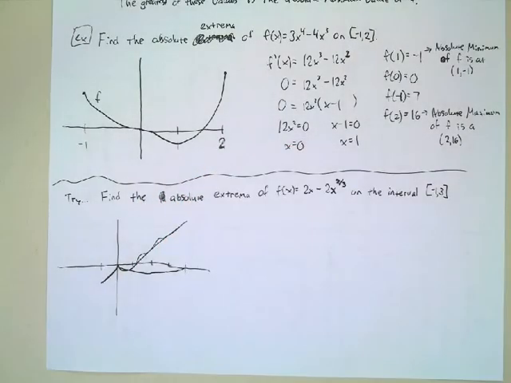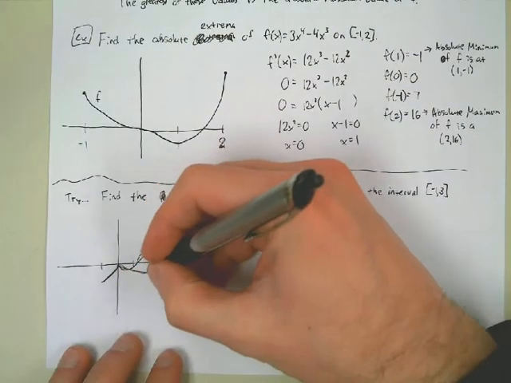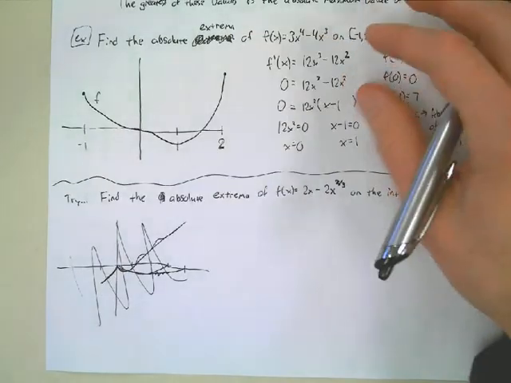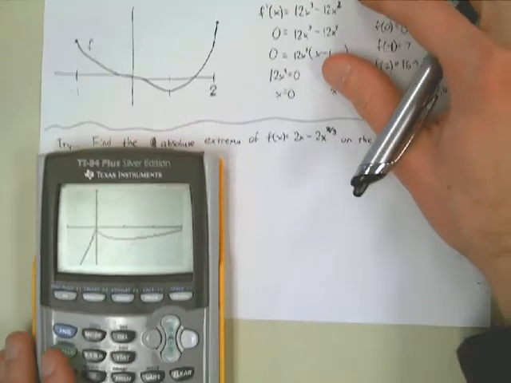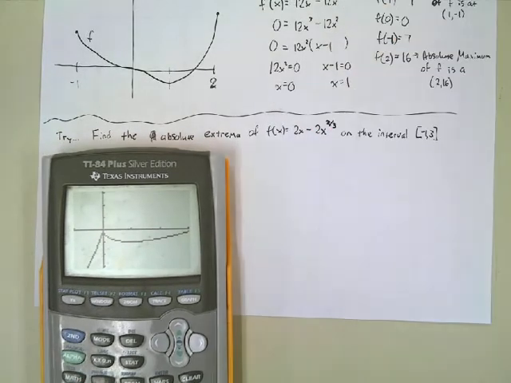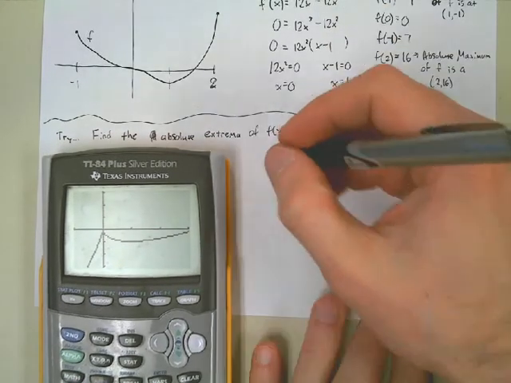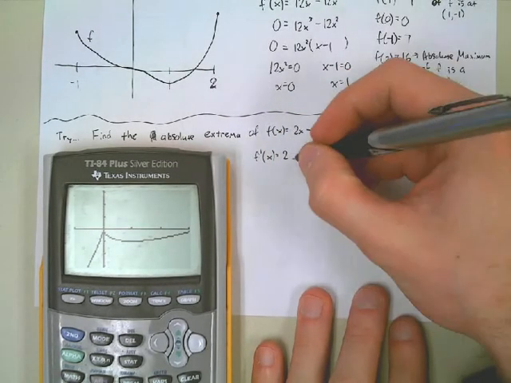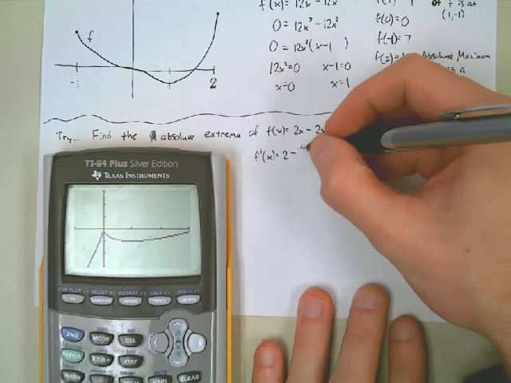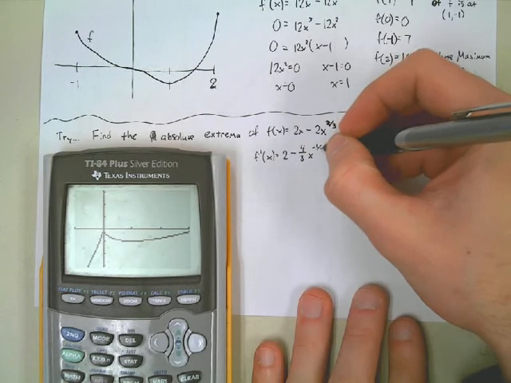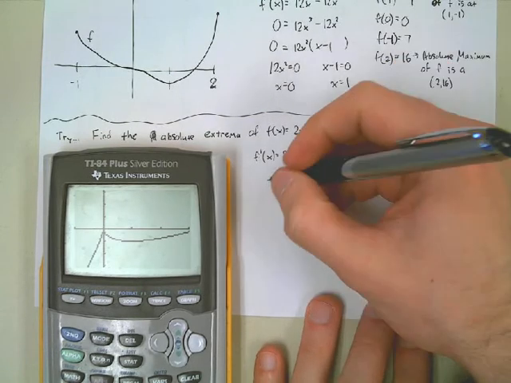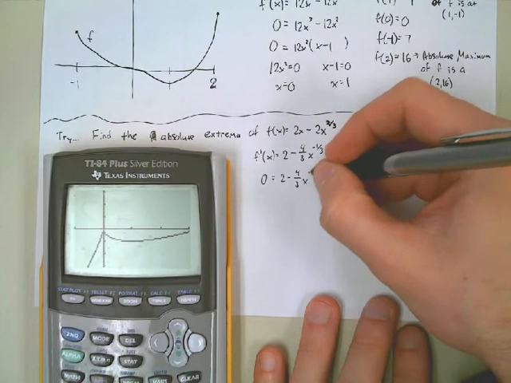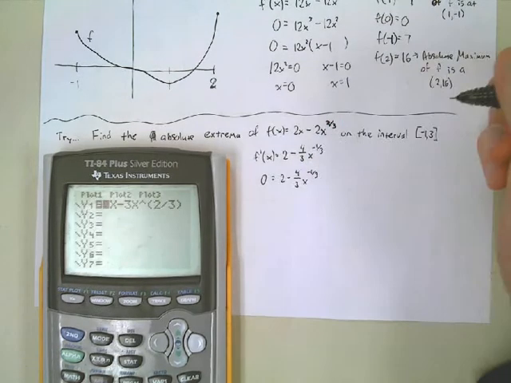Hang on a second. 2 minus... Oh, for my derivative? 2 minus 4/3 x to the negative 1/3. 2 minus 4 is... How did you type it in?